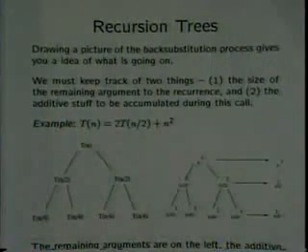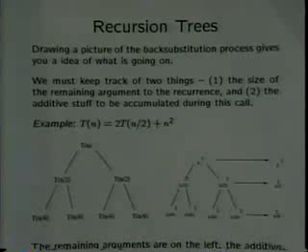A recursion tree is a picture of doing back substitution. What is back substitution? We're starting at the root value of the recurrence at n, and we keep sticking it into itself, replacing it with itself. When we do these substitutions, there are two things you have to keep track of.